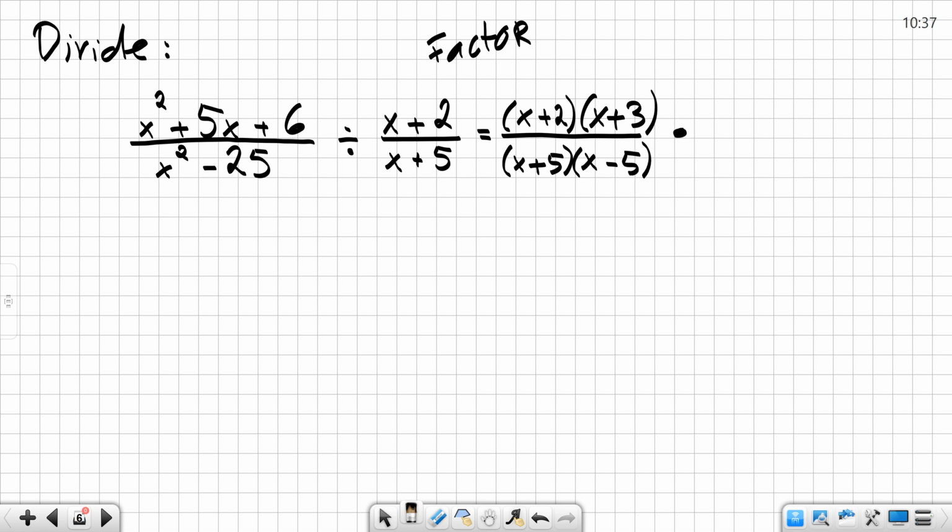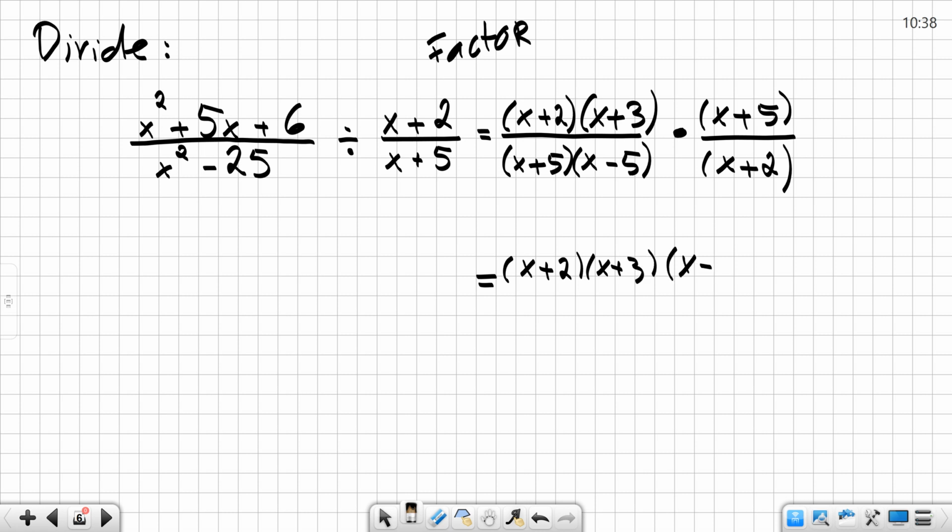Now I turn this division into multiplication, and I am flipping this second fraction upside down. And now I multiply straight across. Well, I could already cancel out now, but let me write it down exactly like I did before. Times x plus 2.